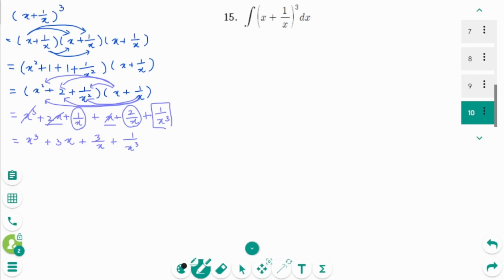Or it is convenient to use the binomial theorem by memorizing it. A plus b cubed equals a cubed plus 3a squared b plus 3ab squared plus b cubed.